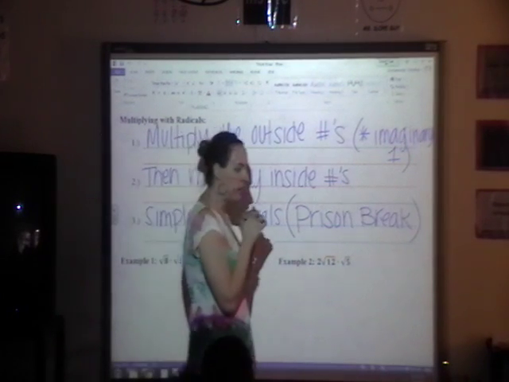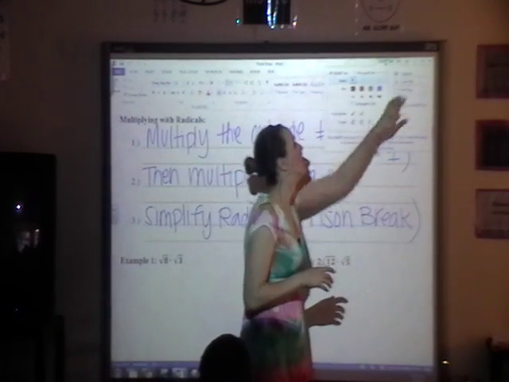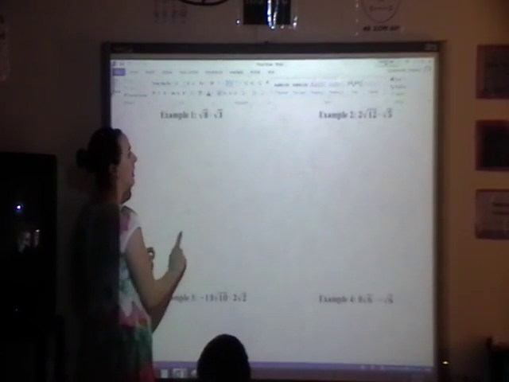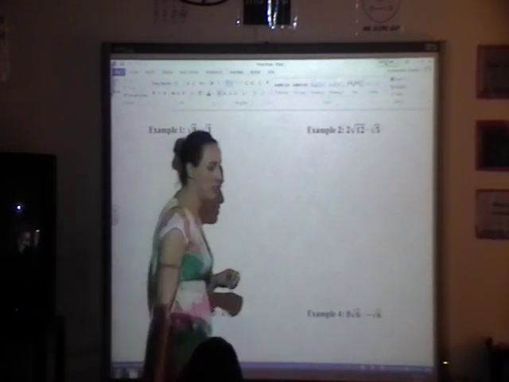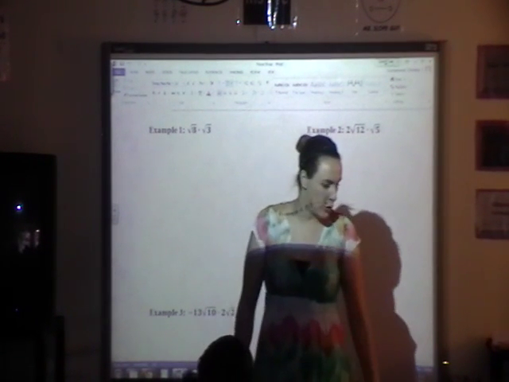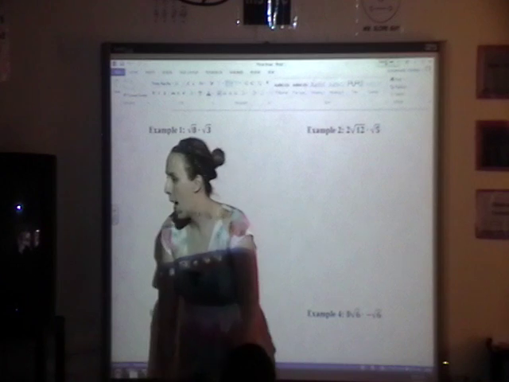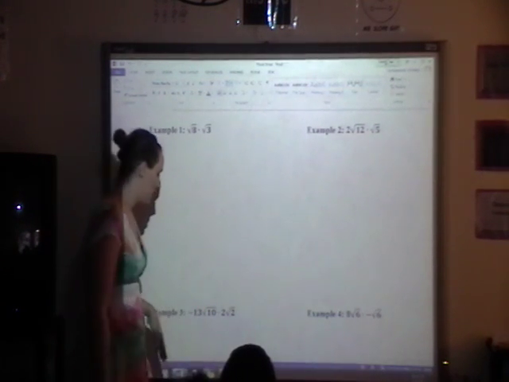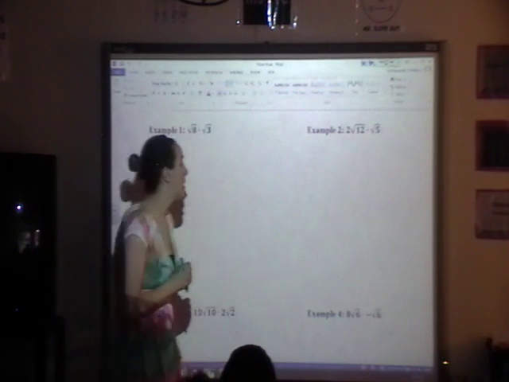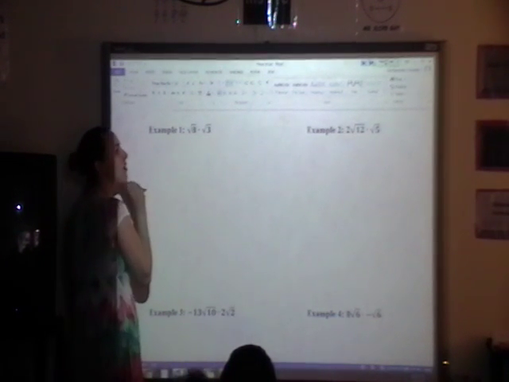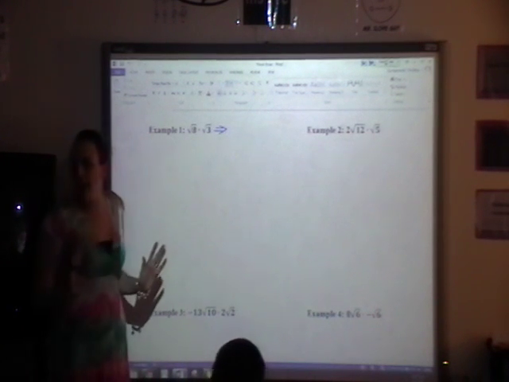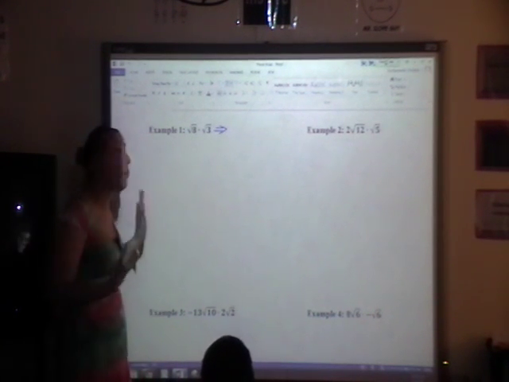Okay. Example 1 and example 2. It says simplify radicals, which is prison break. Okay. So example 1, we have radical 8 times radical 3. For those of you who are golden on the outside numbers, you're good.